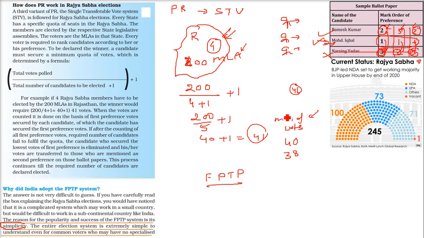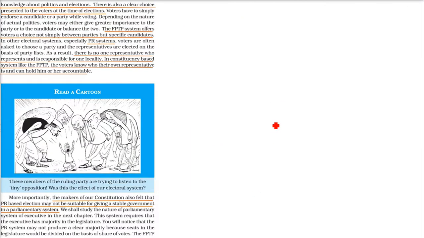Now, who are not specialized in the science or mathematics of the PR system. So if you are not able to understand politics or election, or if you are not interested, then the clear choice is that you know that you are going to vote, and that is the only thing, and it is quite simple. So FPTP system offers the voter a choice not simply between the parties.